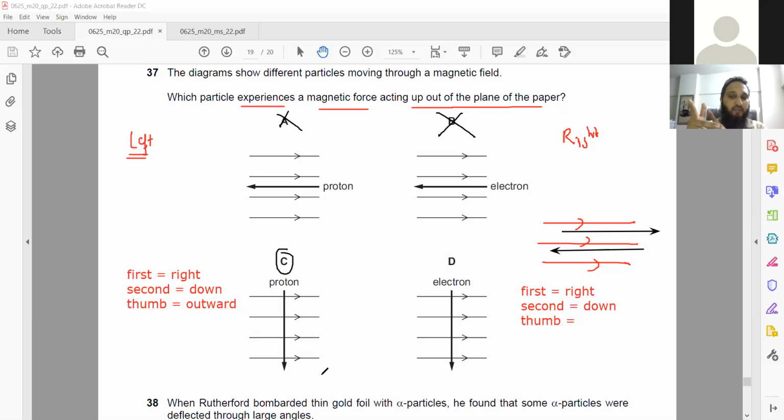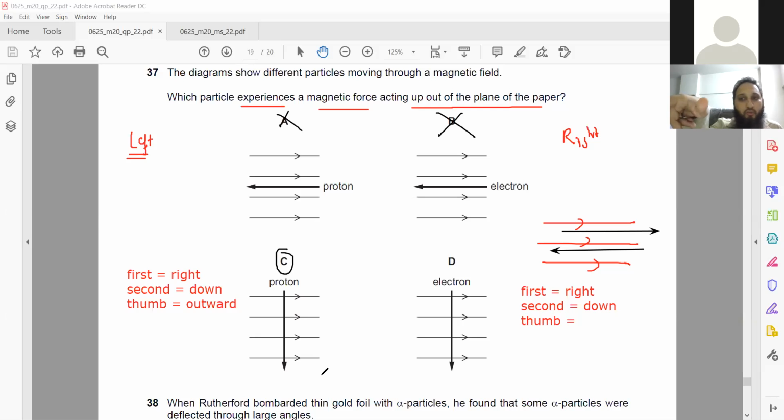So first, in this case, for a right hand rule, your first finger should point towards south for a negative particle. So the first finger is pointing towards the south, which is towards the right, or the direction of the magnetic field. My second finger should point in the direction of the particle. The particle is moving downward. Which direction is my thumb pointing?